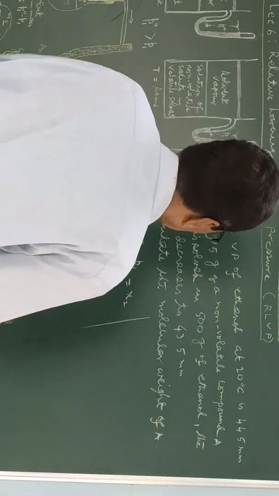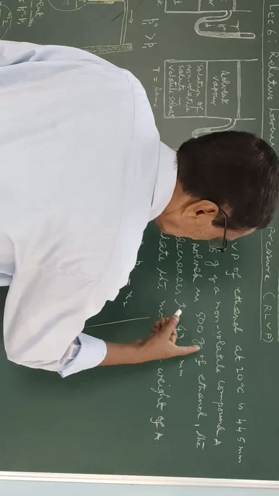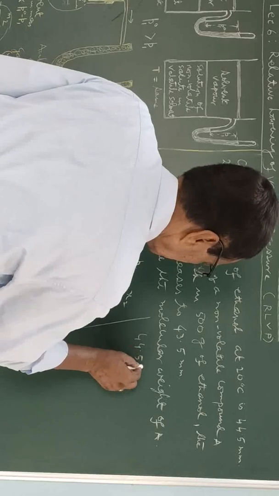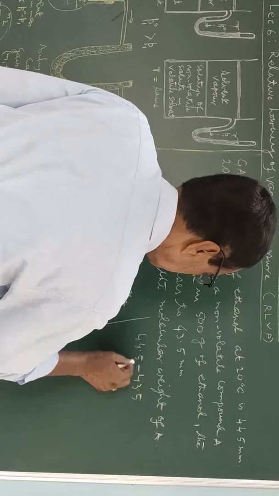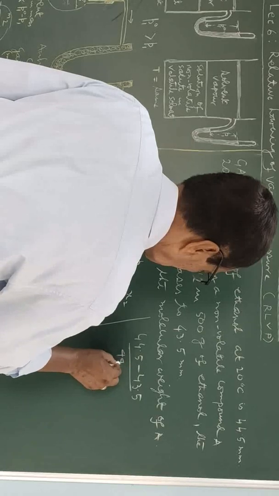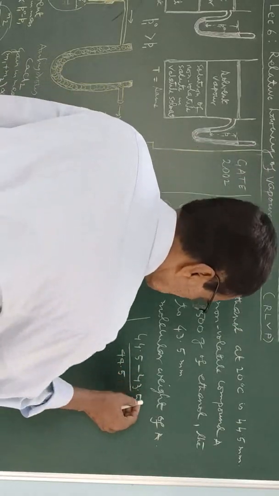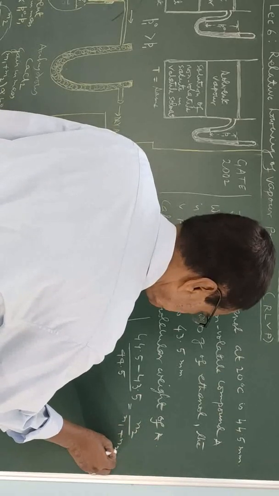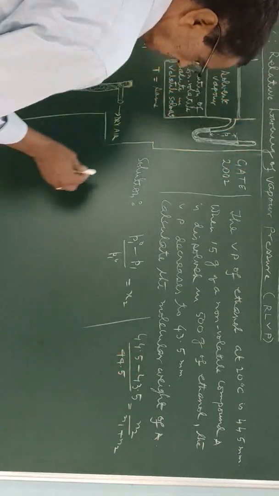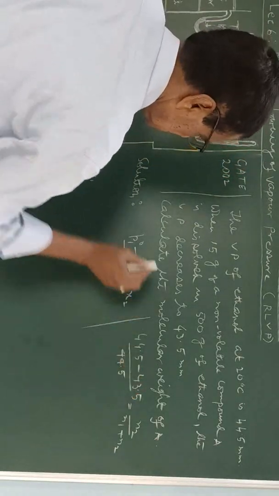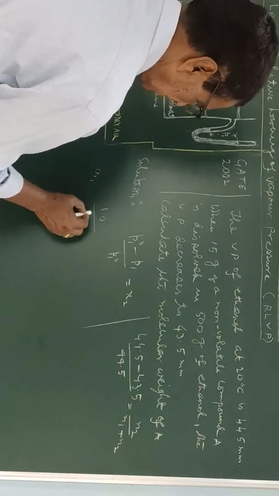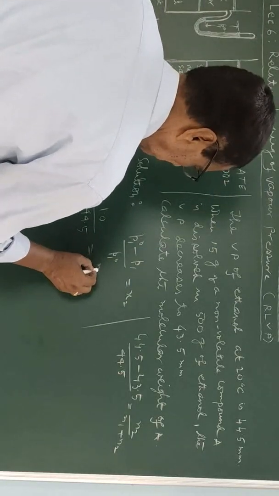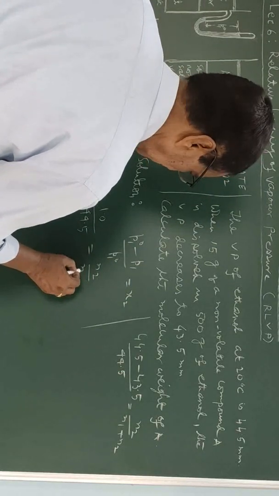Putting the values, the left-hand side is (44.5 minus 43.5) divided by 44.5, and this equals N2 divided by N1 plus N2. For this, we can write 1.0 divided by 44.5 equals N2 by N1 plus N2.